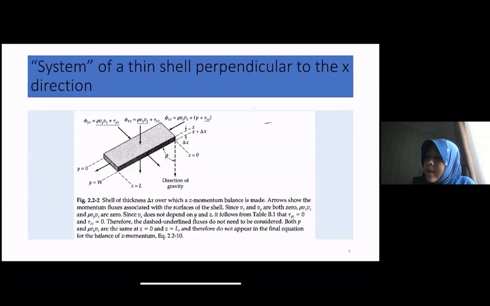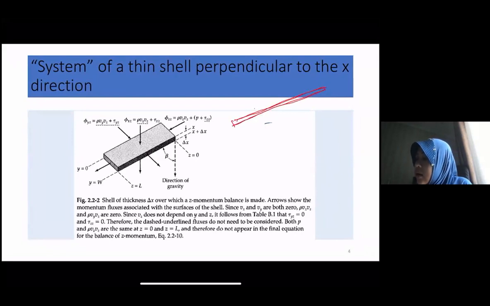Now let's consider this one. Here, this is the shell thickness in 3 dimensions. You can draw in 3 dimensions, or you can draw in 2 dimensions, it's up to you. If I draw the 2 dimensions, it would be like that, maybe.